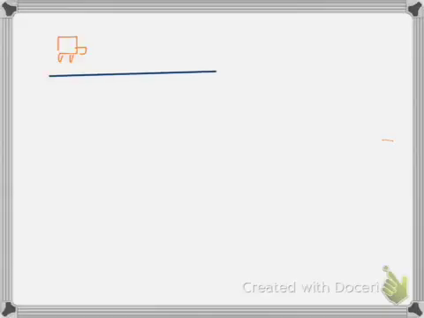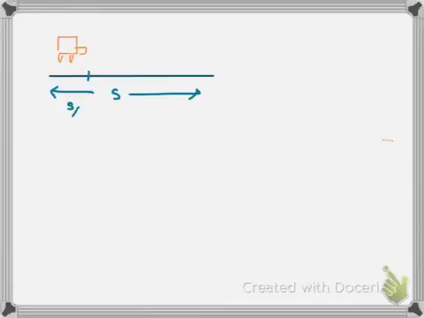If this distance is s, then it covers s by 3 distance at a speed v1, and the rest of the path it covers with speed v2. Therefore, the rest, 2s by 3, is covered at speed v2, right?